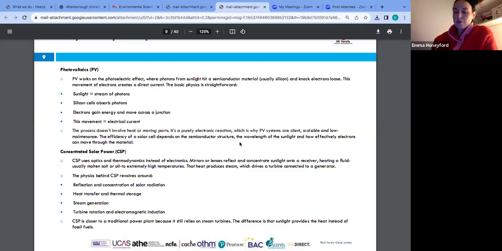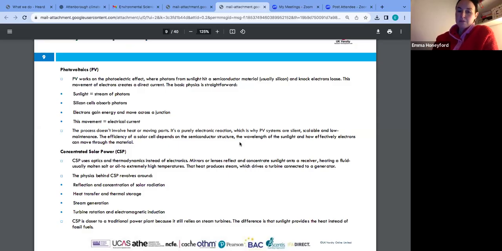Whereas CSP uses optics, mirrors, and lenses to concentrate the sunlight onto a receiver to really intensify and maximize the potential of this heat. That heat then produces steam, which drives a turbine connected to a generator.